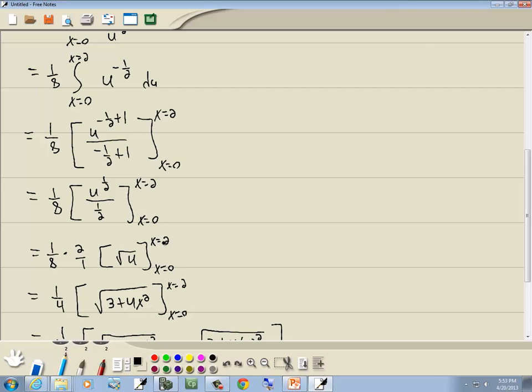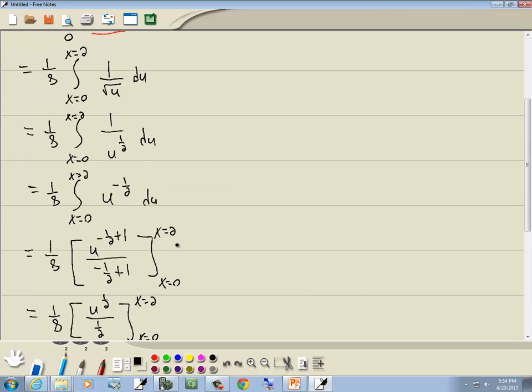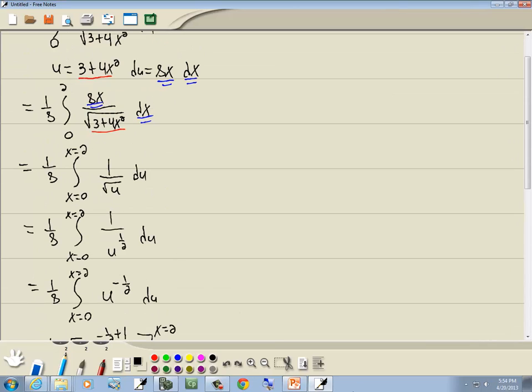Some people, when they do the u-substitution up above, besides just switching the x's here, this is x equals 0 and this is x equals 2, our lower and upper limits, they take these and plug them into this u equals 3 plus 4x squared. I'm still kind of out of it.